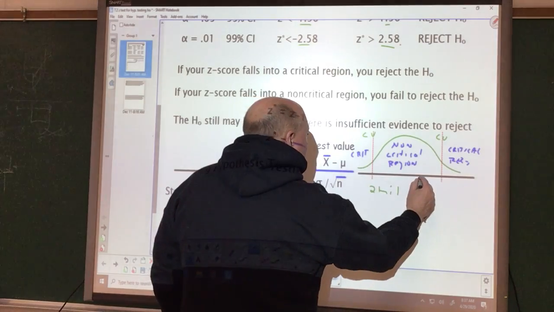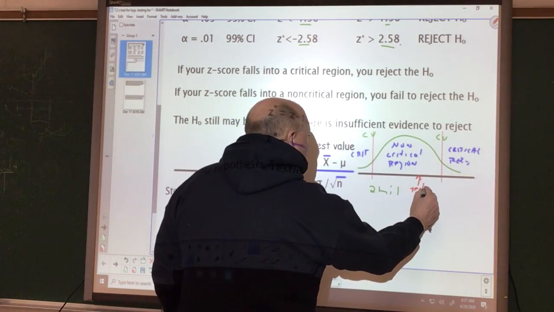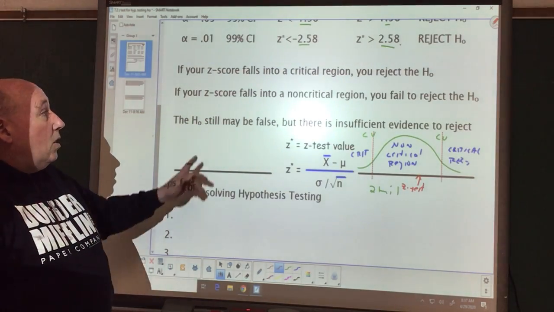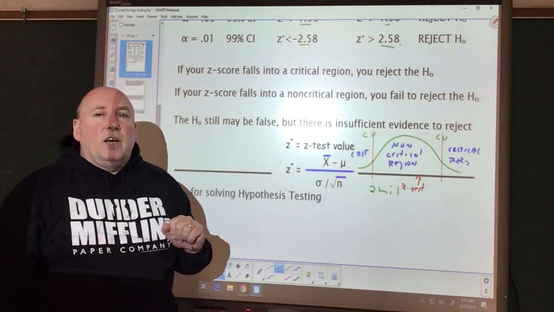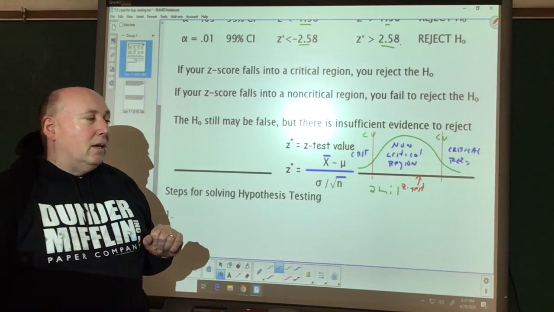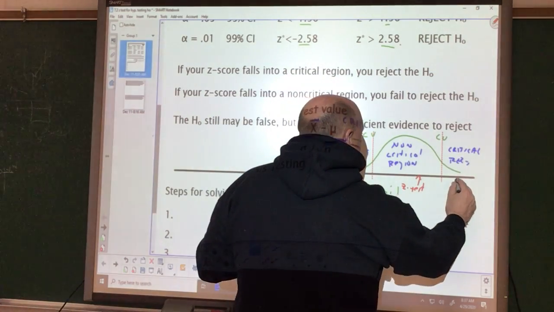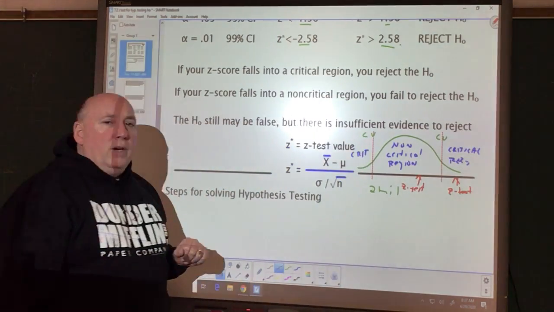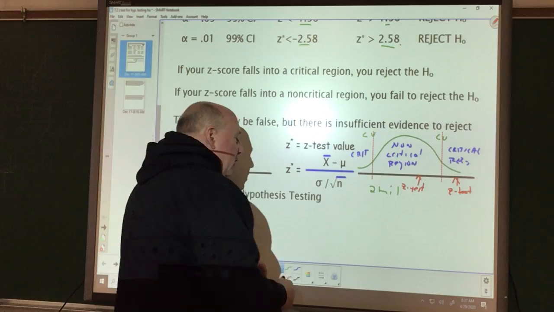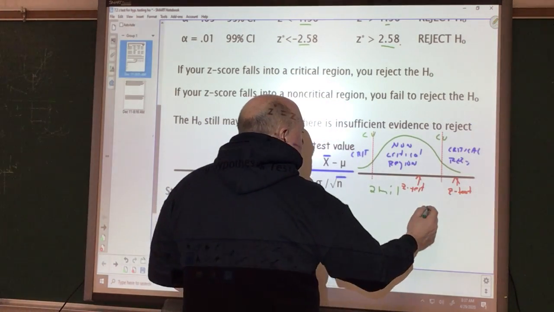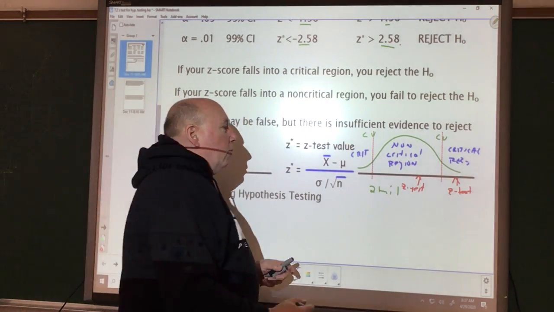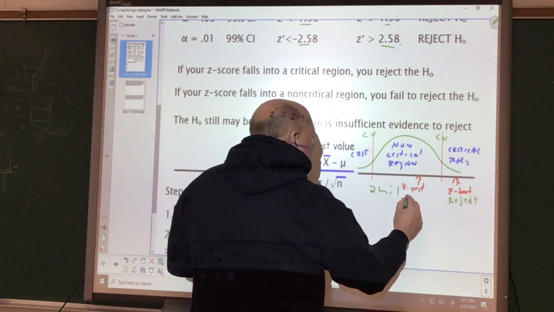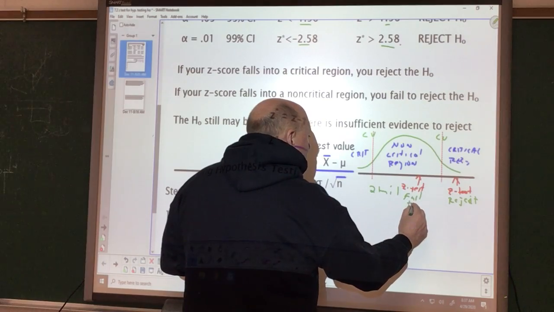And if this test value falls in a non-critical region, we fail to reject the null hypothesis. If your test value falls in a critical region, we will reject the null hypothesis. Okay, so here we reject. This is a fail to reject.